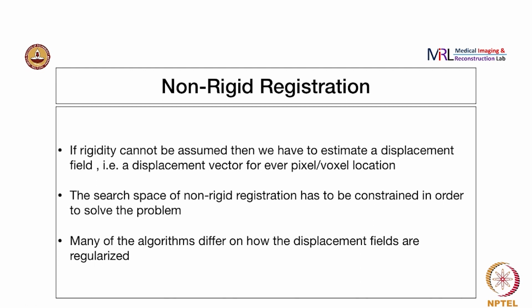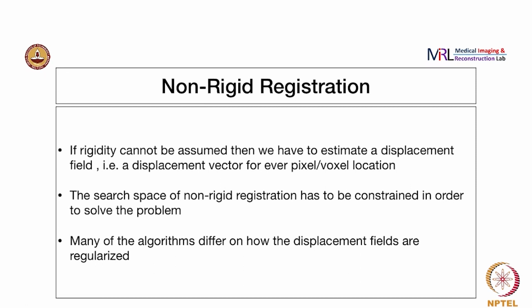The problem with this approach is that if you consider any grid, let's say even a 2D grid, and you're trying to estimate a displacement vector for every pixel in that grid, every pixel can move in almost any direction, right? So there is no constraint there, and that means the problem becomes that much harder.